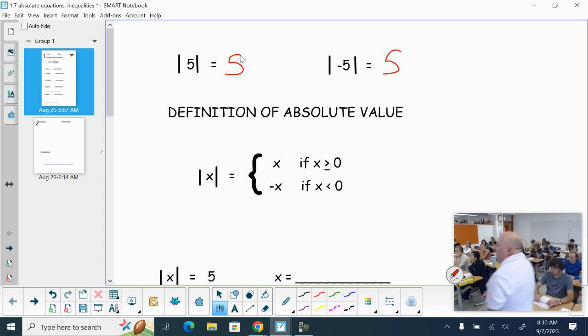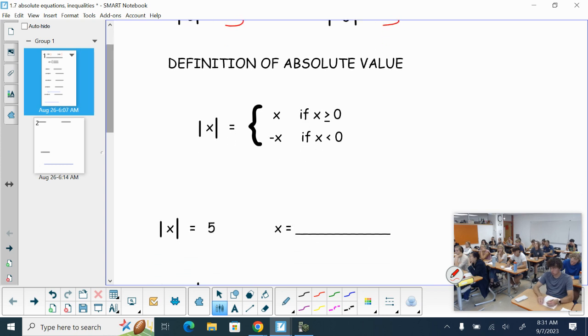The formal definition of the absolute value is: the absolute value of x is equal to x when x is greater than or equal to the value 0. When this value of x is less than the value 0, the absolute value of x is equal to the opposite of x.